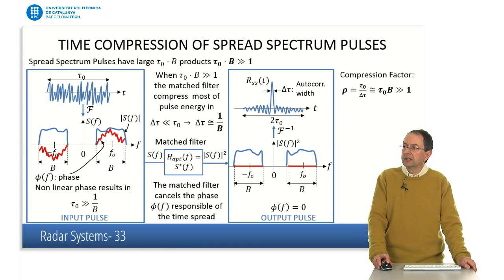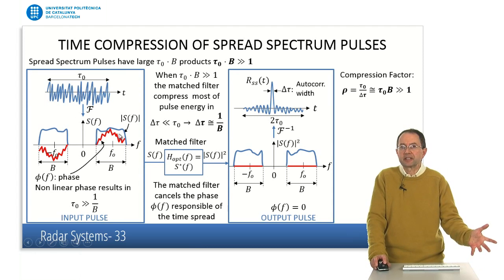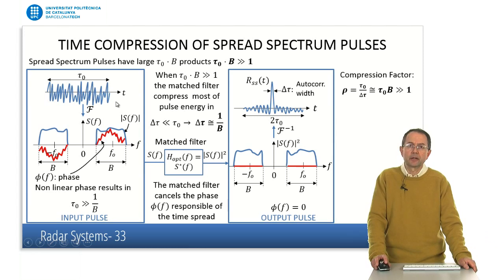And actually, the time expansion or frequency expansion of these signals is provided in general by a nonlinear phase characteristic of these signals, which is plotted here. So that's the spectrum of a typical spread spectrum signal. Well, just an example. That's a noisy example. It can be other shapes, but it's representative of what we are going to use for spread spectrum signals.